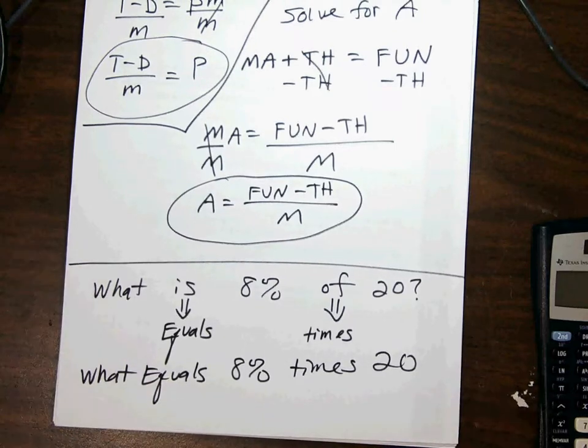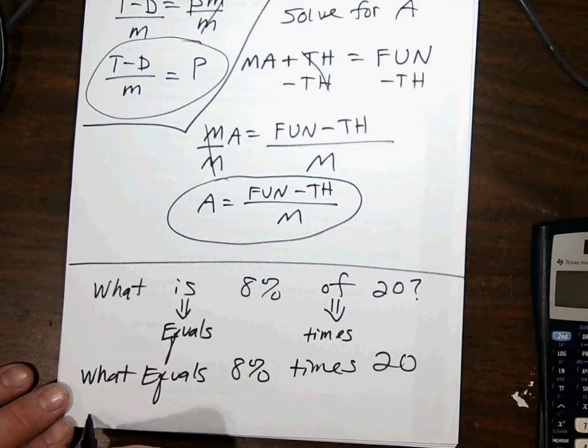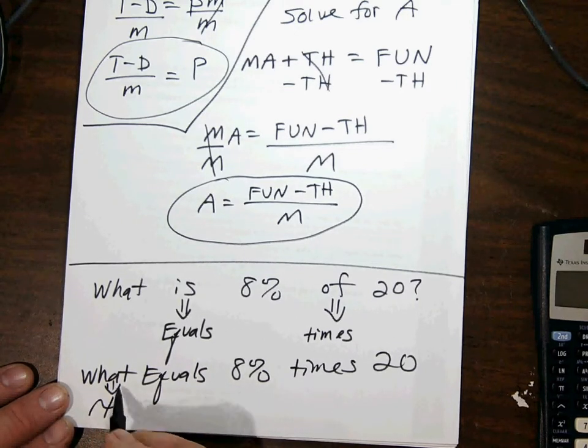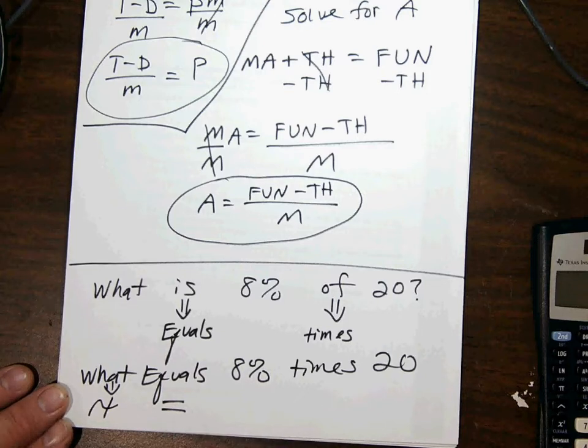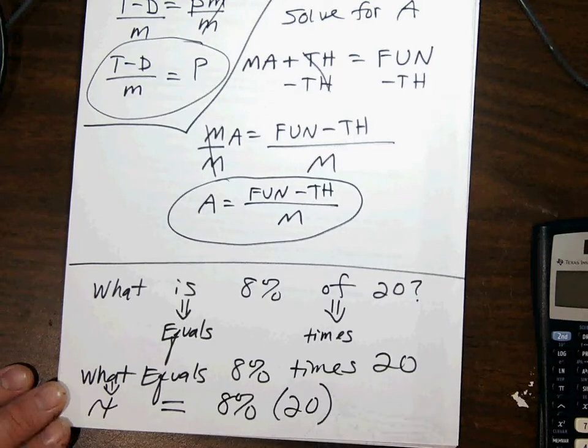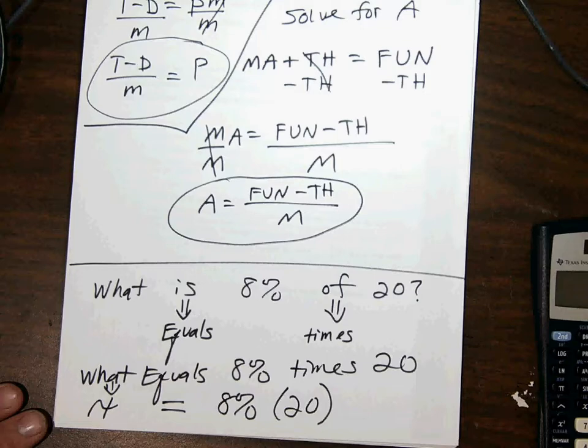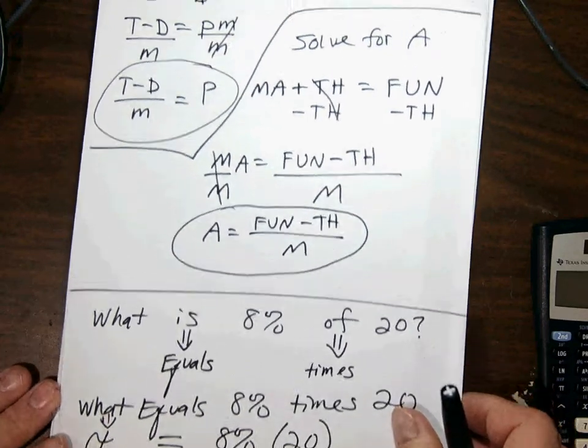And then the last thing we need to do is this business of what? It's an unknown, so I'm going to call it x. So x equals 8% times 20. Just like that, I have an equation. I just have to solve it. It's really already solved for x. I just have to crunch a few numbers.